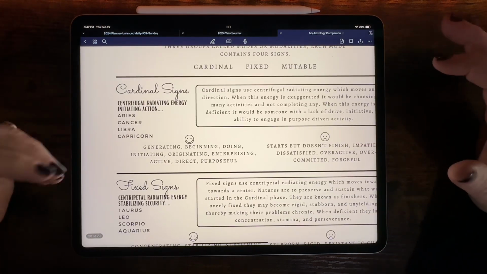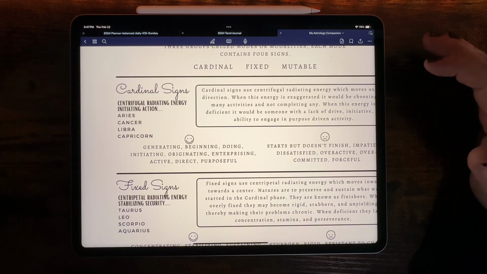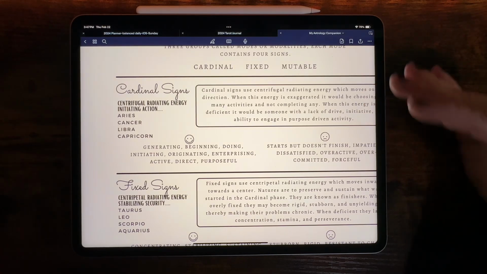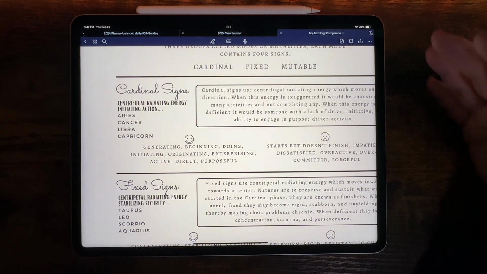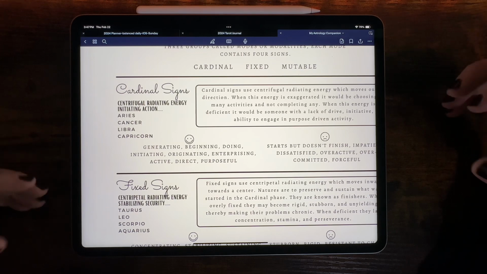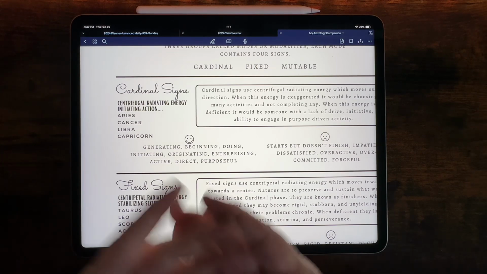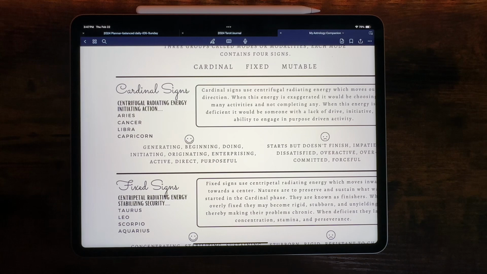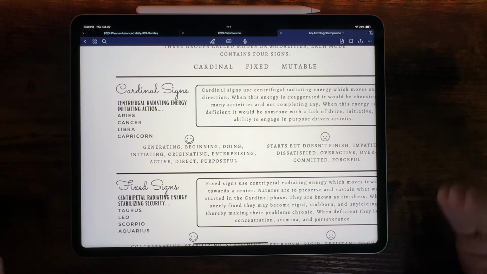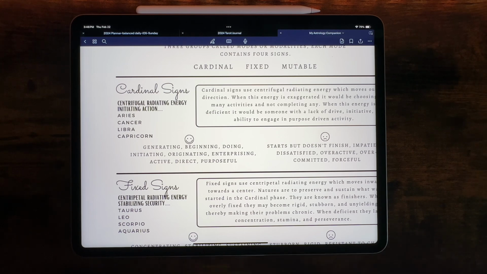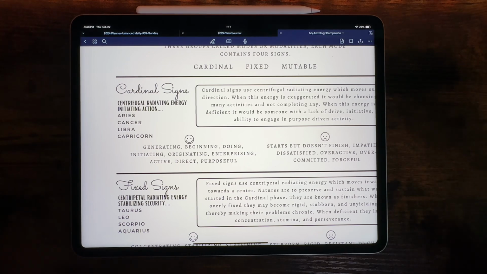However, if you think about the beginning energies of any of the seasons, you think about cardinal, what's coming in, new beginnings, right? People that have the ability to be entrepreneurs, starters who inspire people, go-getters.